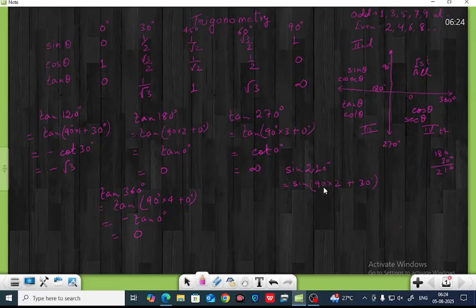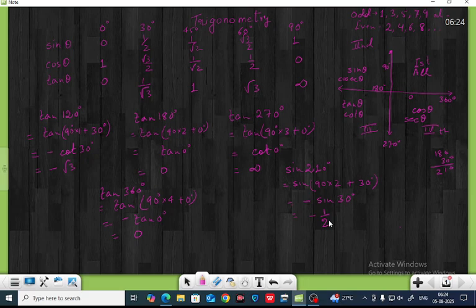Since 2 is an even number, it will be the same, sine 30 degree. This is in the third quadrant, where the value of sine is negative, so it will be minus sine 30 degree. Sine 30 is half, therefore the value of sine 210 degree is equal to minus half.